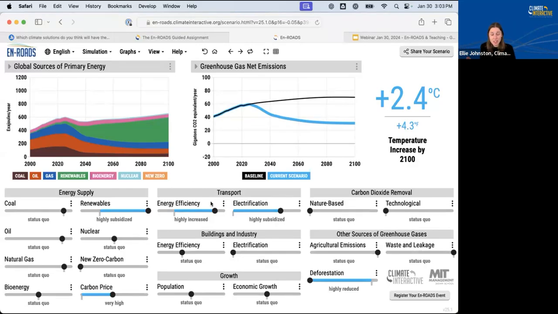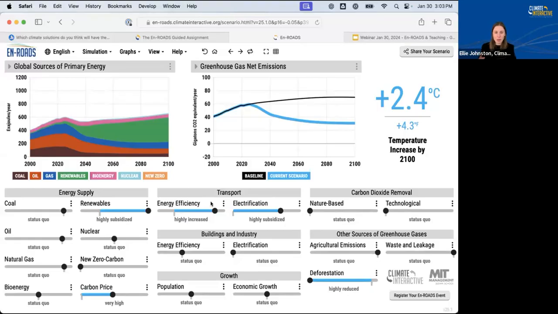Acting on climate change takes a whole range of different actions across a lot of different sectors. There are certainly some strategies that are more effective than others, and you can explore those different dynamics. But we try to make this tool such that people explore that for themselves.